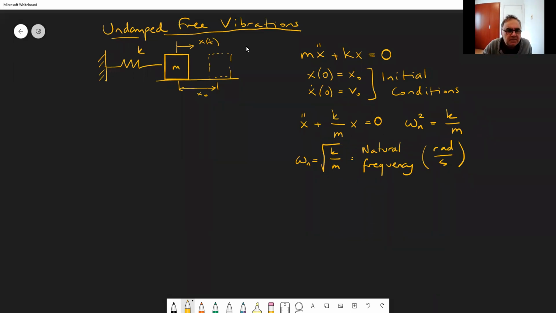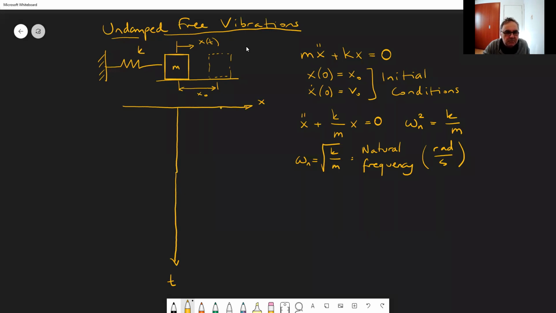So for this system, let me draw a coordinate axis like this. If this is x, initially x is 0. This is the time axis going downwards, let's say. So I take it from here.